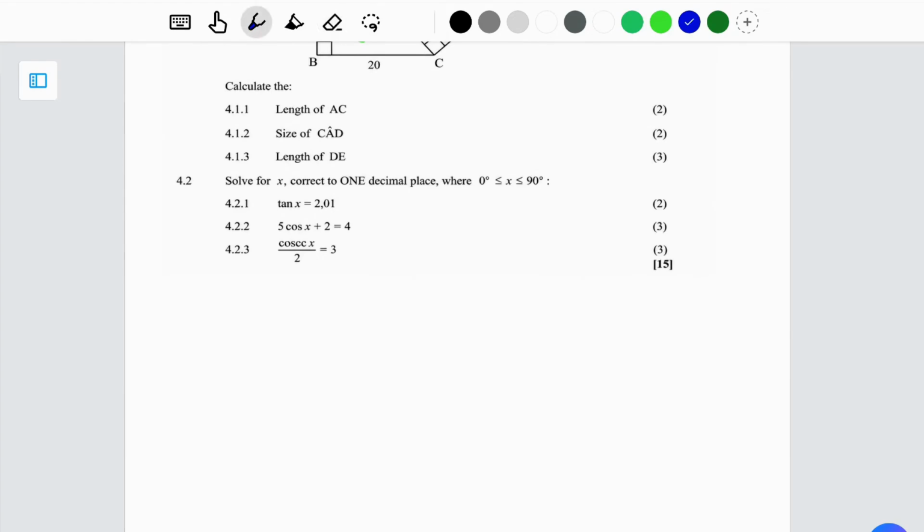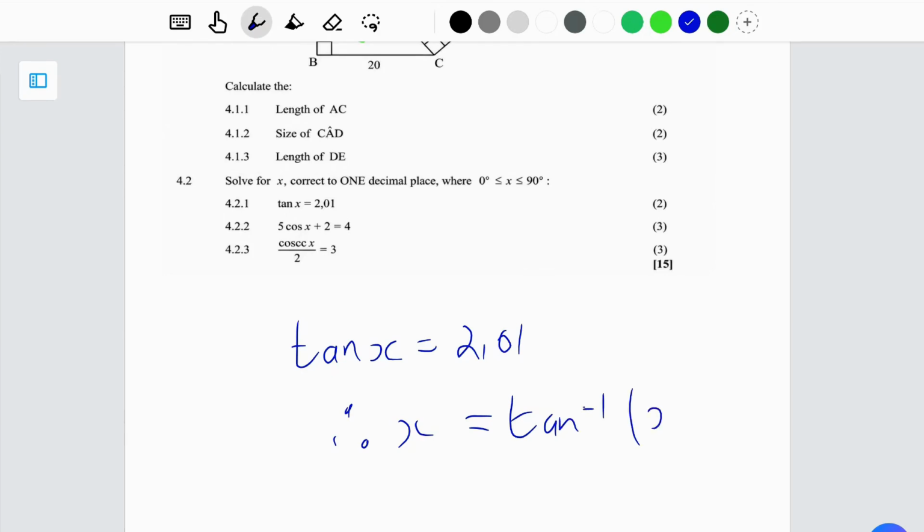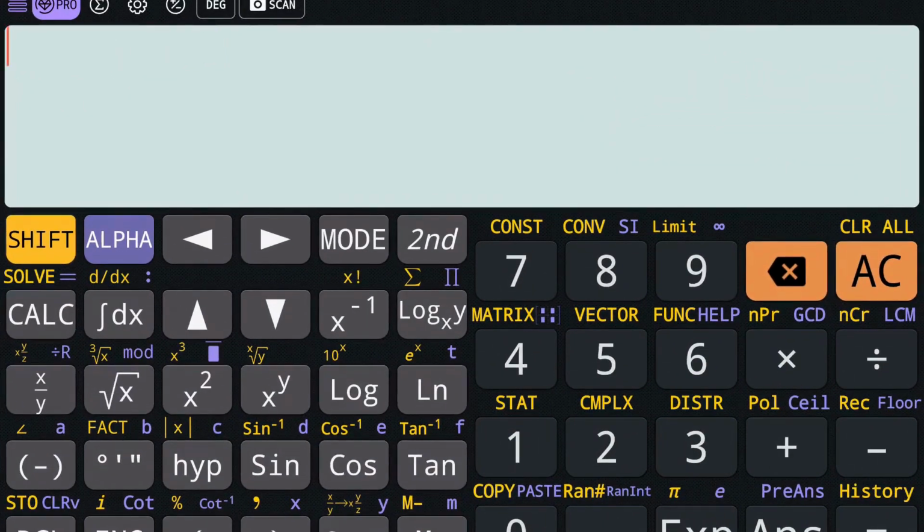Okay, so we know that tan of x equals 2.01. So therefore, because they said solve, x will equal tan minus 1 of 2.01. Okay, so we're going to get that into our calculators again.